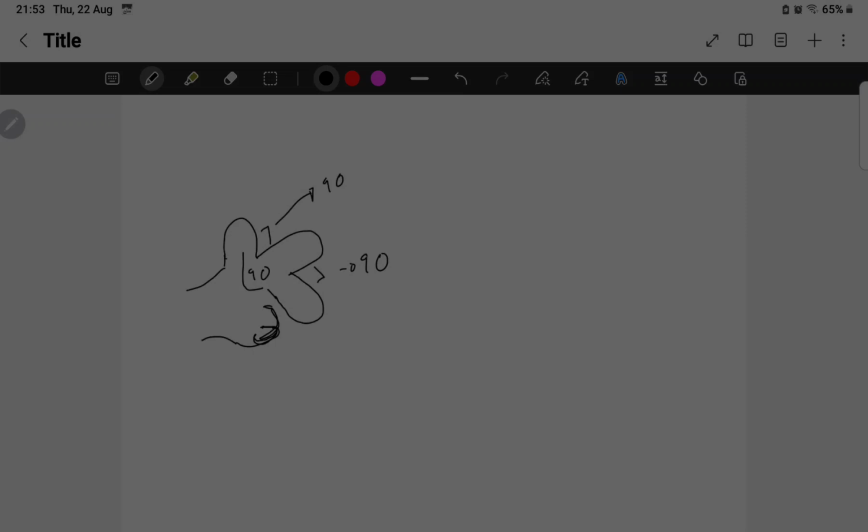So to use Fleming's left hand rule, let's see if I can draw a better hand. We have our thumb, our pointer finger, and a third finger. This thumb is pointing in the direction of our force.